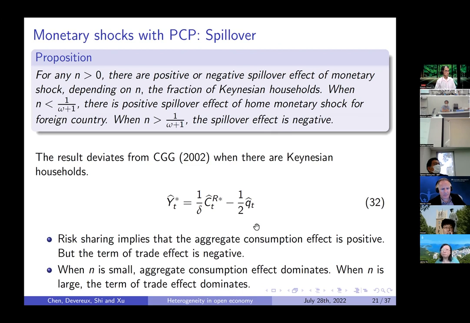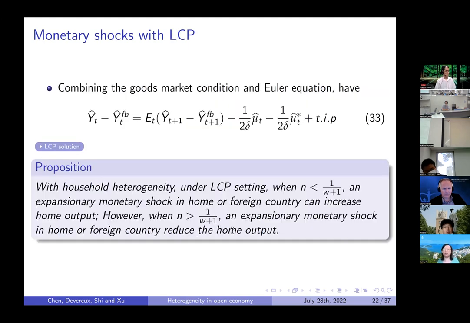But then remember, when the home interest rate decreases, there is going to be a negative term of trade effect on foreign output. So when n is small, the consumption effect dominates, and the domestic monetary policy shock has a positive spillover on foreign. But when n is large, then the term of trade effect dominates, and the spillover effect becomes negative. Okay, so this is for the PCP.